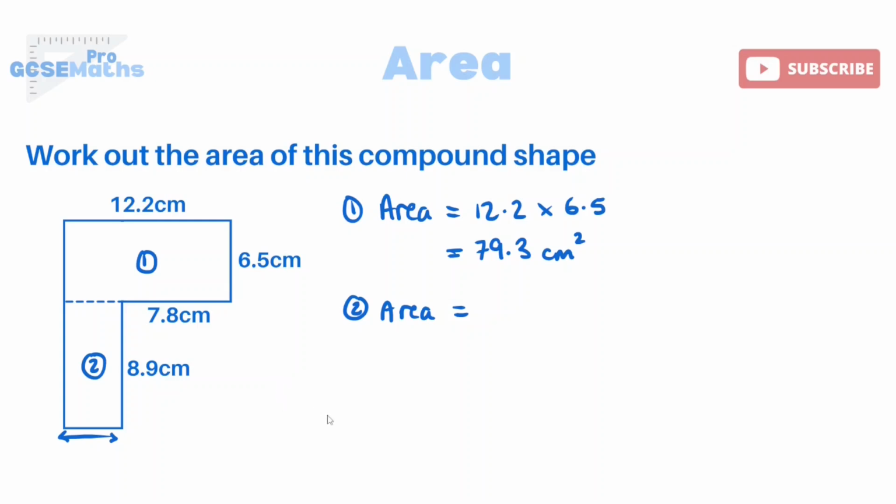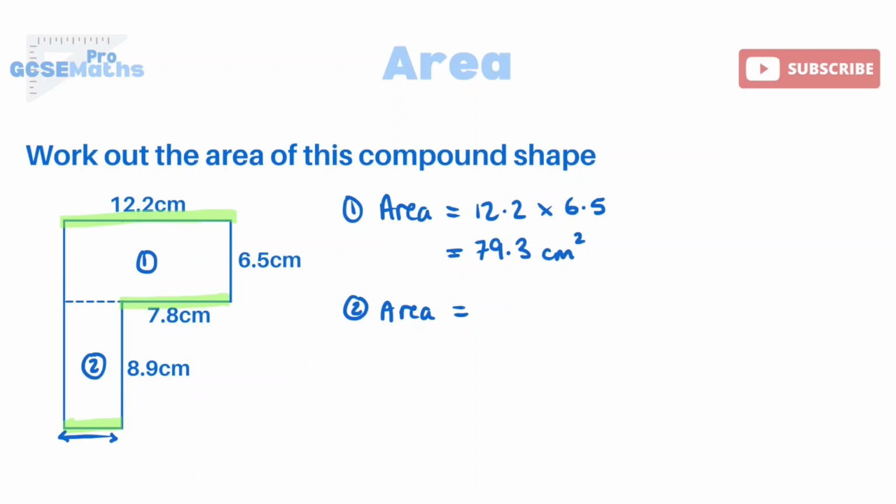If you've seen our video on perimeter of shapes, you will probably have gone through this over there as well. Because this is a horizontal side, I'm going to focus on all of the horizontal sides. This side is horizontal, this is horizontal, and this top one is horizontal. You compare all of these. Do you see how these two horizontal sides below, including the 7.8, if you were to line them up, would be the same length as the 12.2?